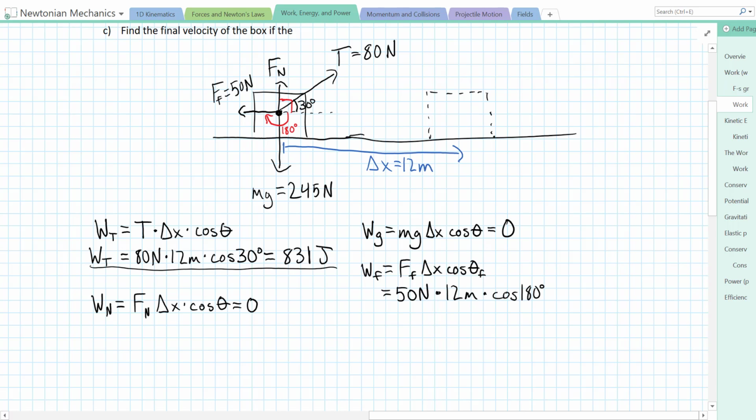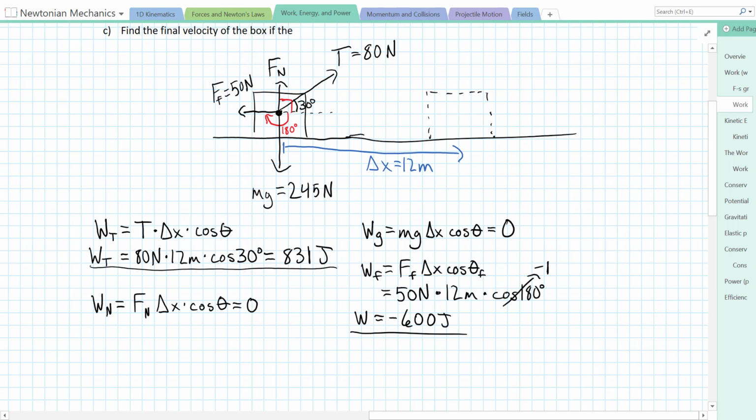Well, cosine of 180 degrees is just -1. So the work done by friction is just negative 50 times 12, or negative 600 joules.